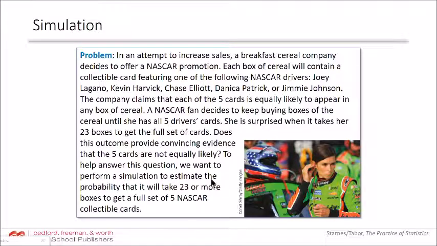So to help answer the question, we want to perform a simulation to estimate the probability that it will take 23 or more boxes to get a full set of 5 NASCAR collectible cards. So this should kind of feel familiar, okay? We looked at very similar problems when we were talking about statistical significance, okay?